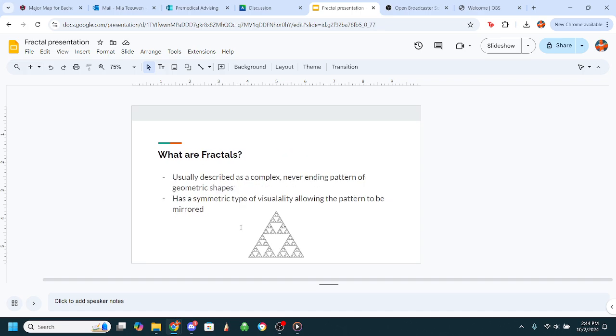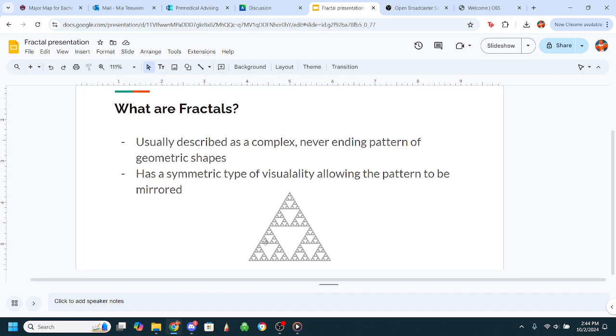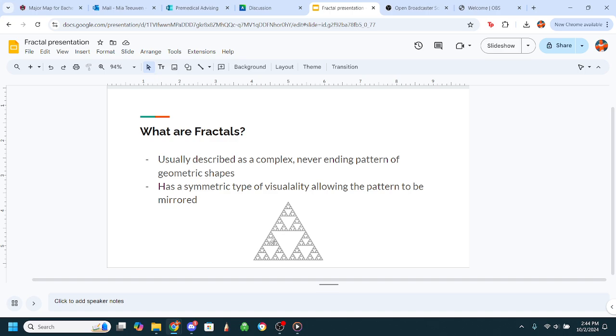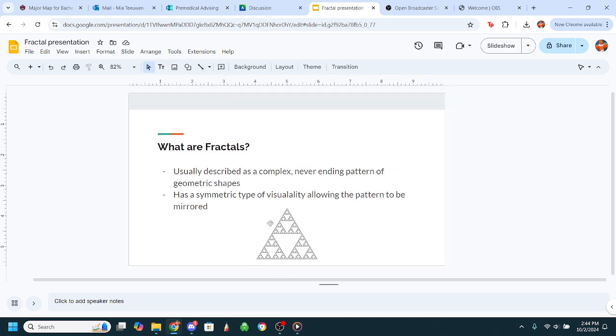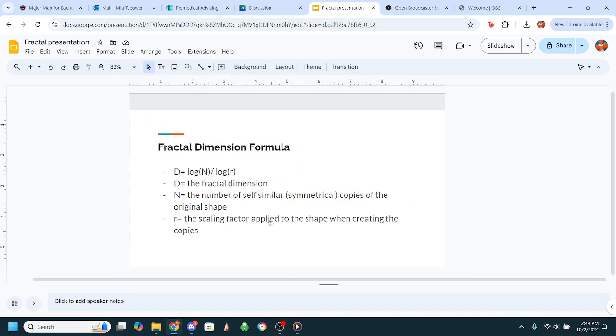So using this triangle, if we were to calculate different parts of it, we would have different numbers of self-similar copies. We can see this big triangle is made up of 3 of these triangles, and then so forth, where if we keep zooming in, this triangle is made up of 3 more. So depending on what part you're trying to calculate, you will have a different number of self-similar copies.